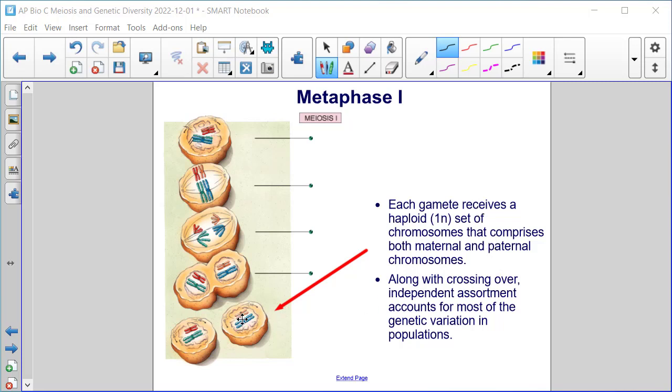The reason that this happens is because back here in metaphase, these chromosomes line up independently. So we can end up with both paternal and maternal genetic information in each gamete.